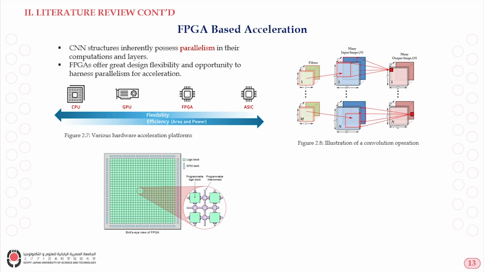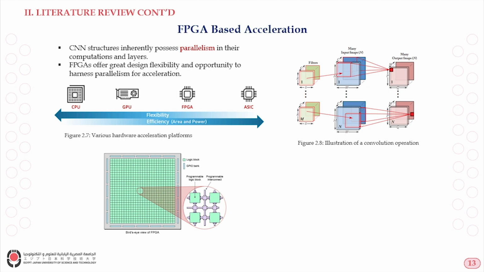They involve many loops of computation, which can be conducted in parallel and also applied in a pipeline. There are various platforms for acceleration: CPUs, GPUs, FPGAs, and also ASICs, which are application-specific integrated circuits.